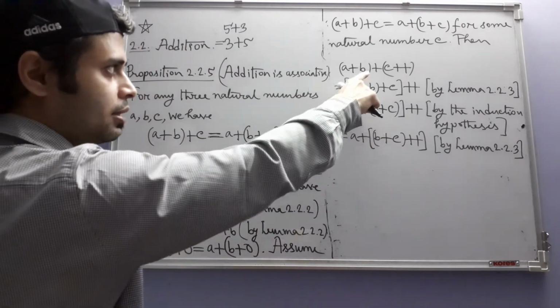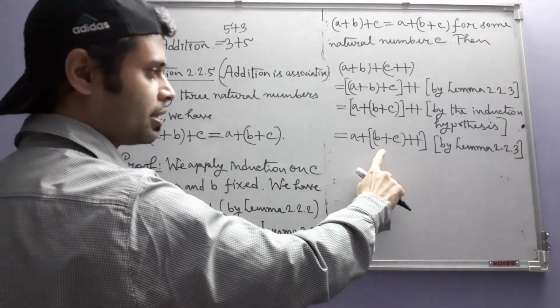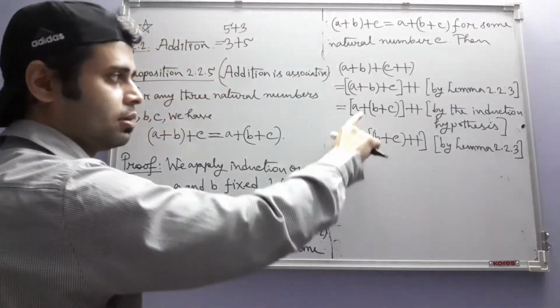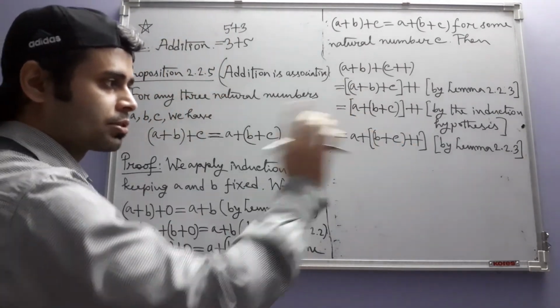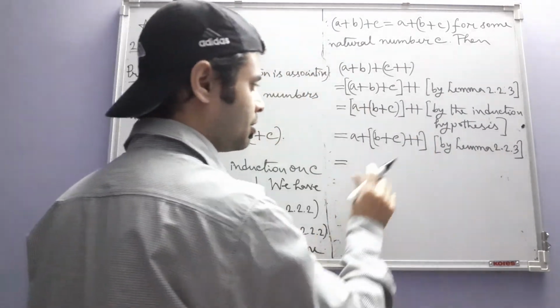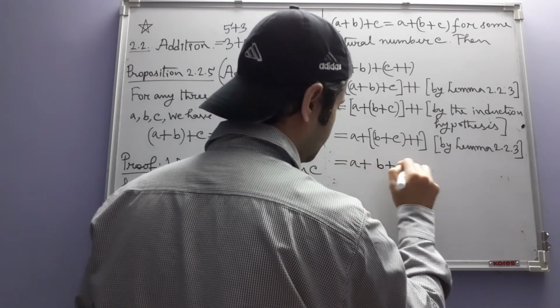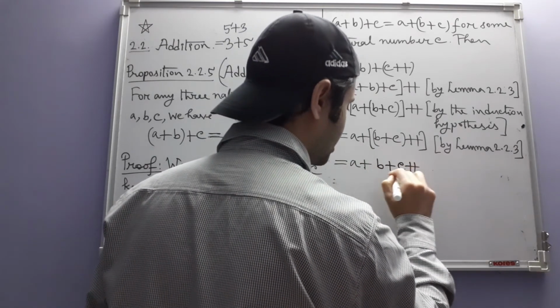Just like here I have added the successor of c to this natural number, I am adding the successor of b + c to this natural number, and the expression comes from lemma 2.3. Once again I will apply this lemma inside a + (b + c)++.